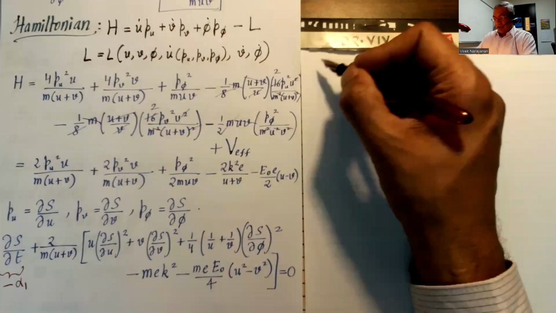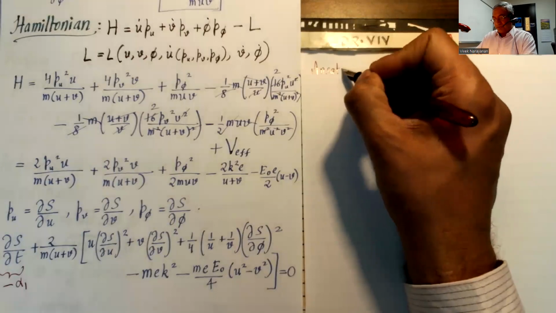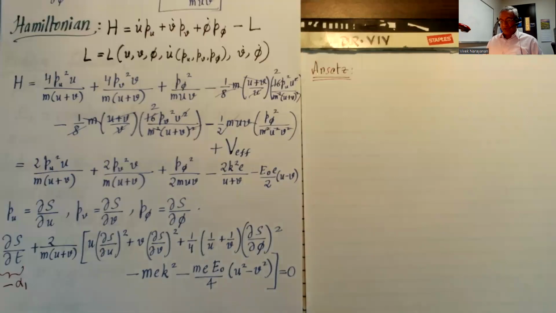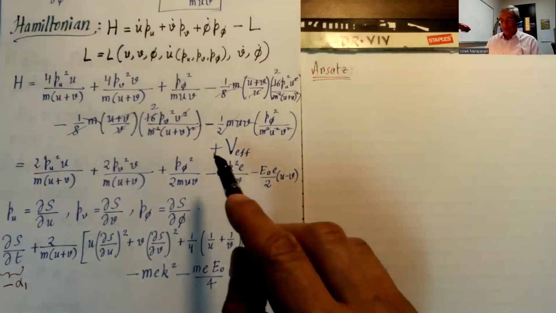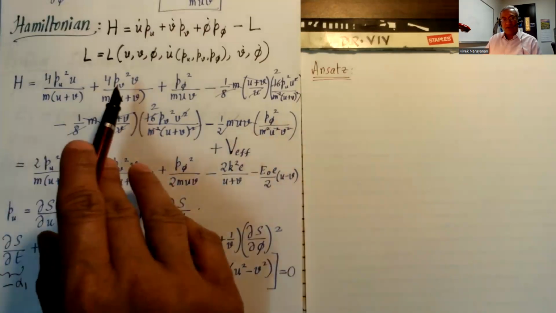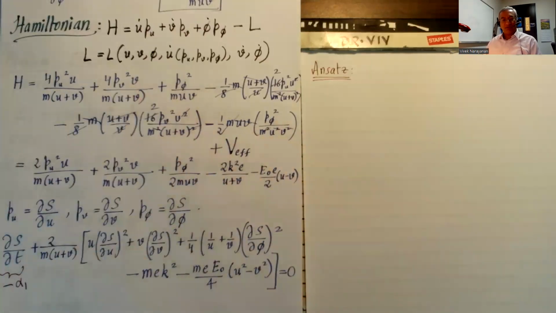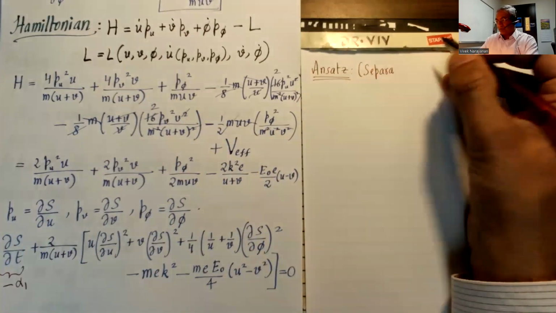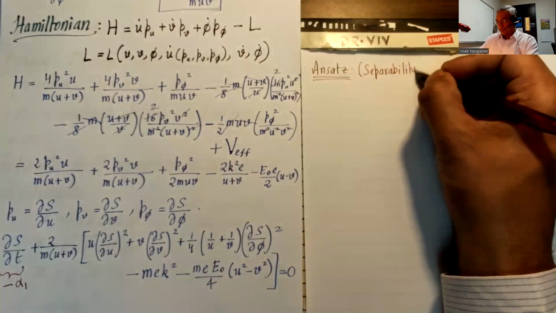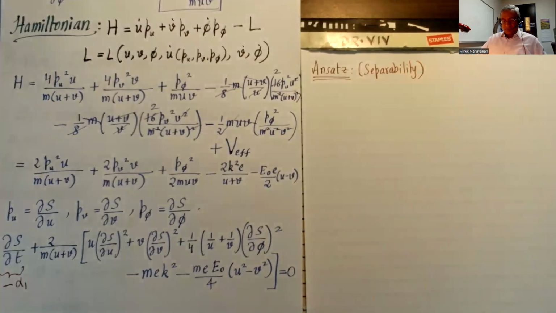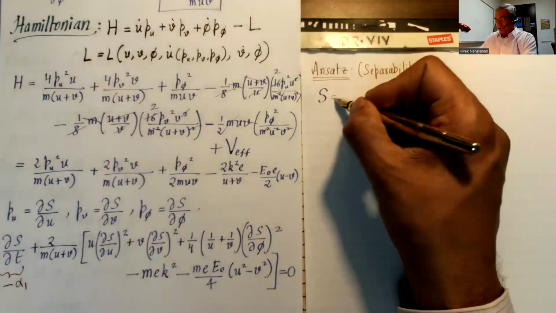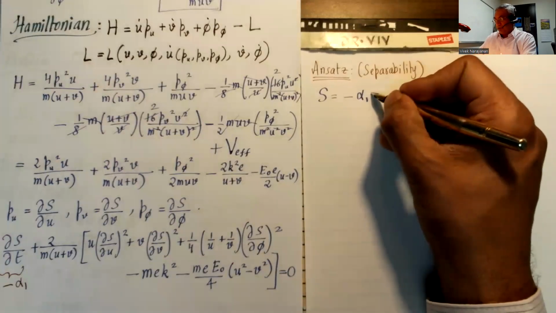As a matter of fact, I can create the following ansatz or assumption. I also noticed the Hamiltonian, the original Hamiltonian, did not depend on phi. It depended on u and v, but it did not depend on phi. So we assume the momentum to be conserved in the phi direction. So we can have a separability ansatz as follows. S shall be set equal to negative alpha 1 times t.